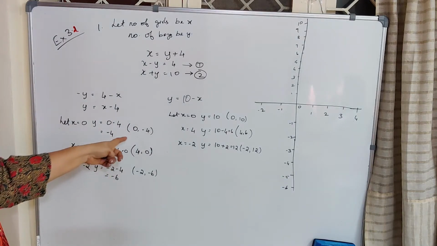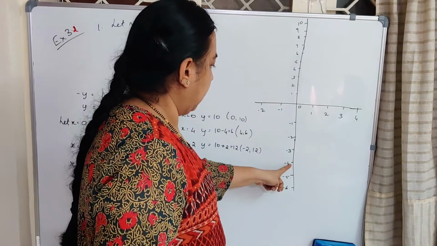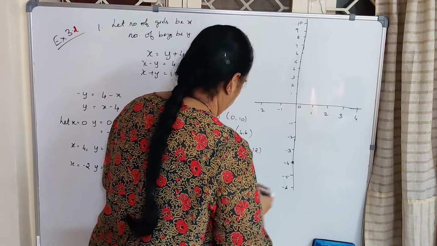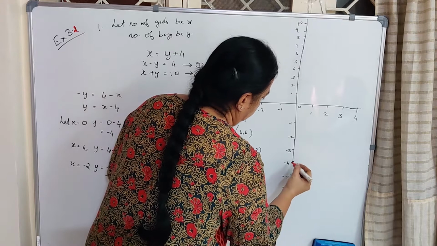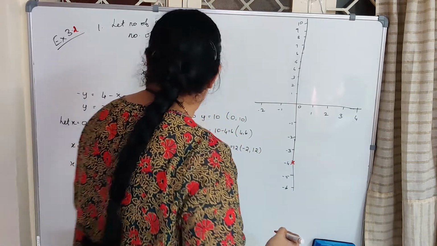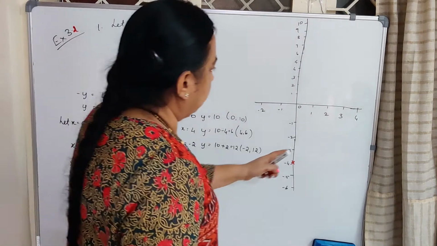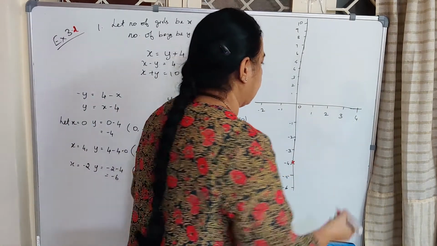Now 0 and minus 4: 0 here, minus 4 here on the y-axis. So this is the point. I will mark it with a different color. Then the second point is 4 and 0. 4, and y becomes 0, so the point lies on the x-axis here.